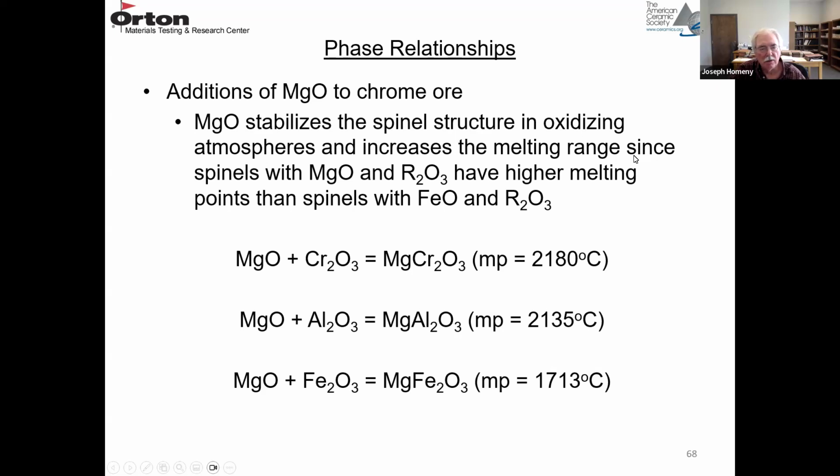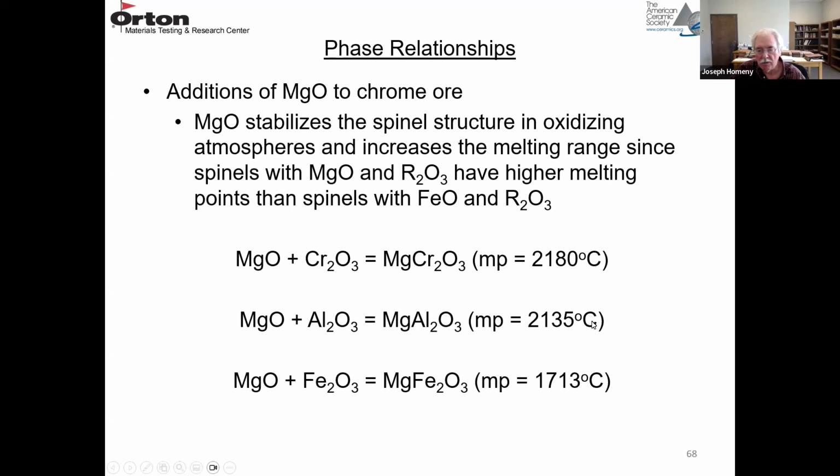It increases the melting range because the spinels that form with MgO as the RO group and R2O3 groups have higher melting points than spinels with FeO and R2O3. So here's MgO plus Cr2O3, MgO plus Al2O3, and MgO plus Fe2O3. So this is the MgCr2O3 spinel that melts at 2180 degrees C. This is the MgAl2O3 spinel.